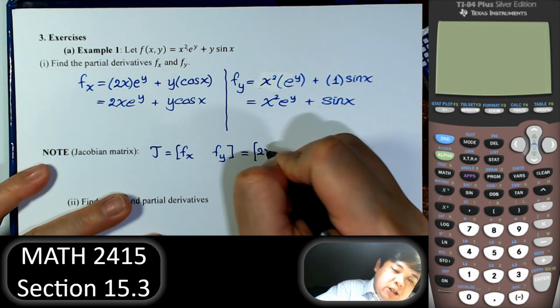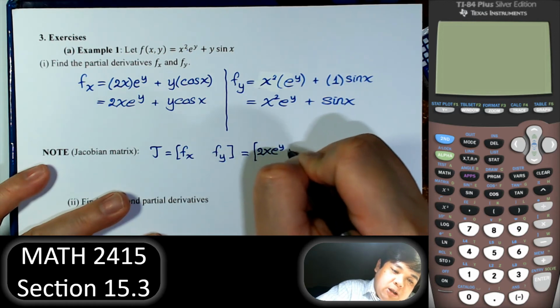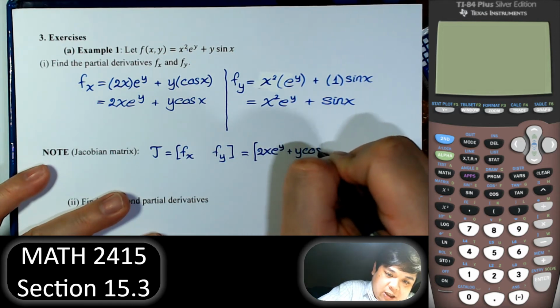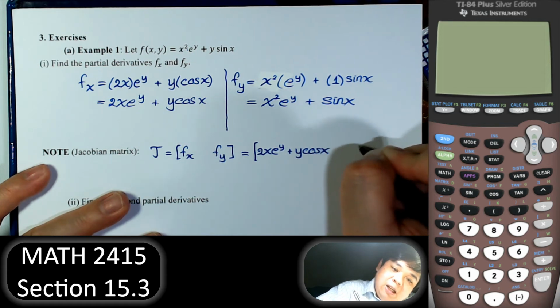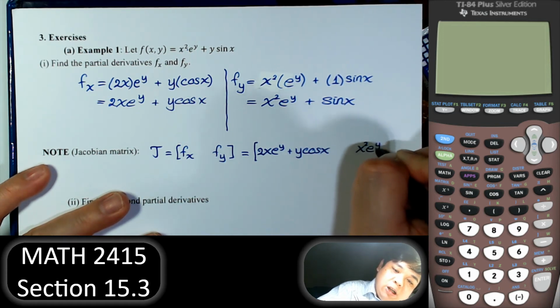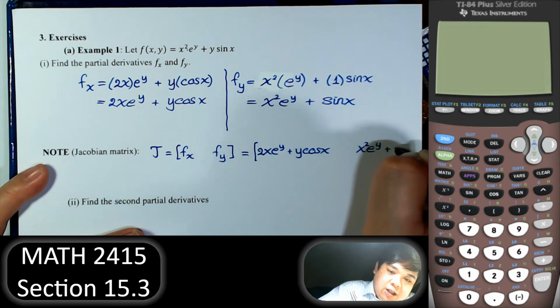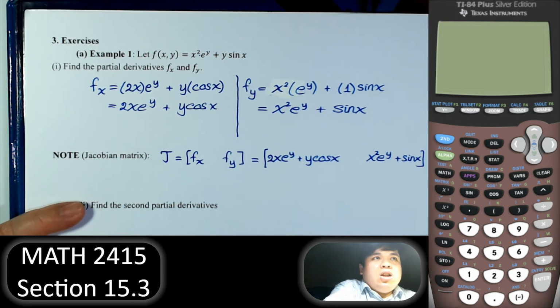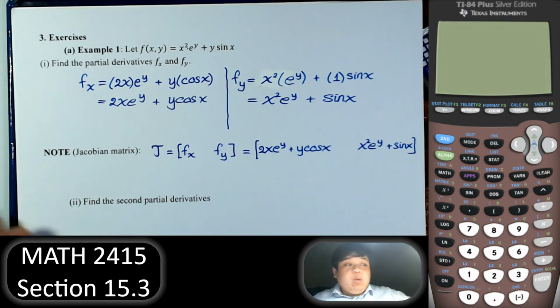Just say 2x e to the y plus y cosine x and a space, x squared e to the y plus sine x. So just put it in the matrix, it's no big deal. But later on in terms of calculation, that will help. If we think of this in a more general sense, it helps if we put it in matrix form.